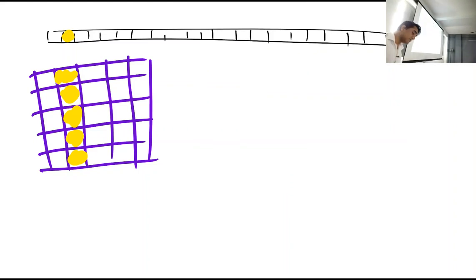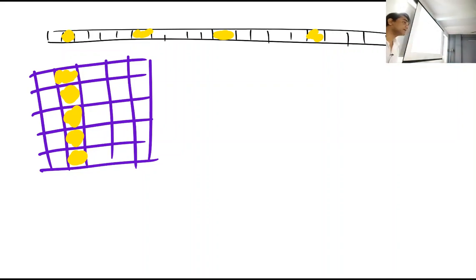Basically, after 4 pixels. Then 4 pixels again. This is 3 pixels. 4 pixels again, and then 4 pixels again. Is that correct?